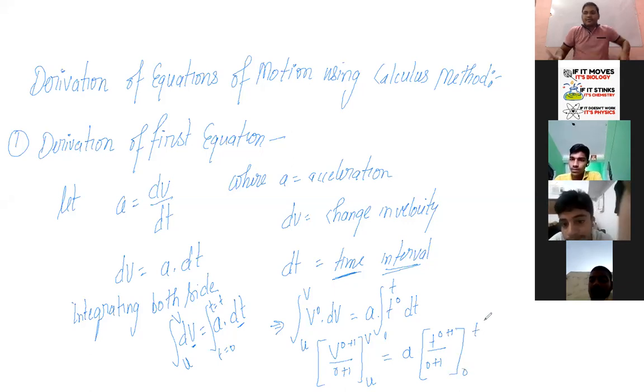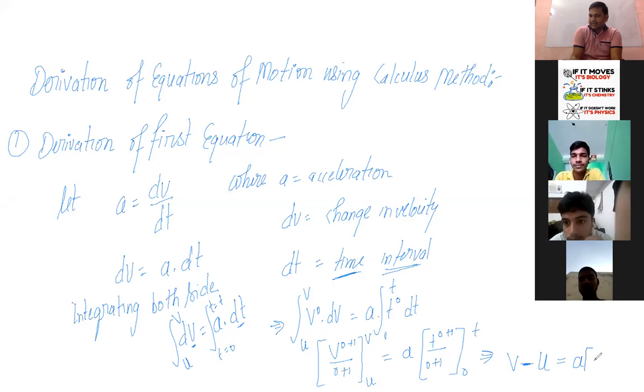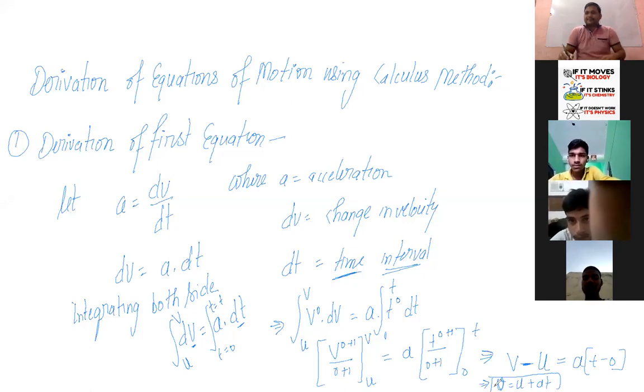Now put in the limits. On the left side, it is v minus u. On the right side, a is constant, and it is t minus 0. Once you solve it, you get v is equal to u plus at. This is the derivation of the first equation of motion.